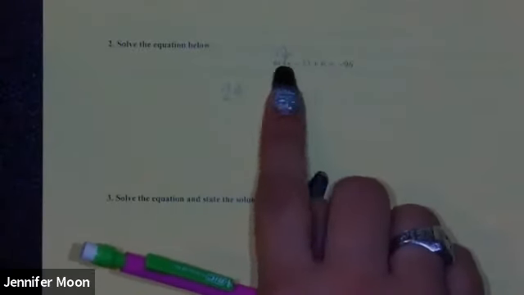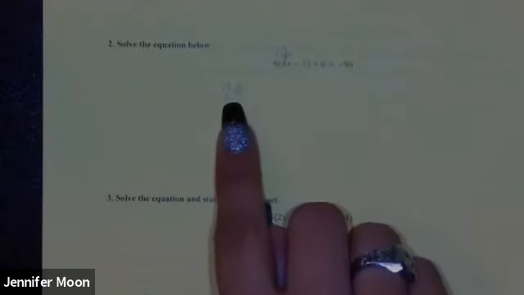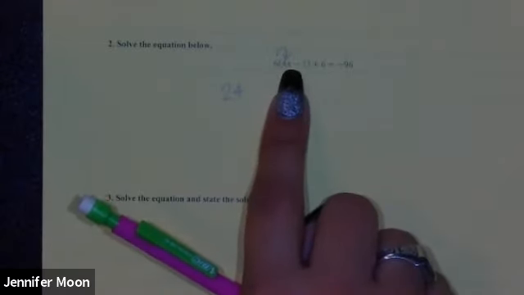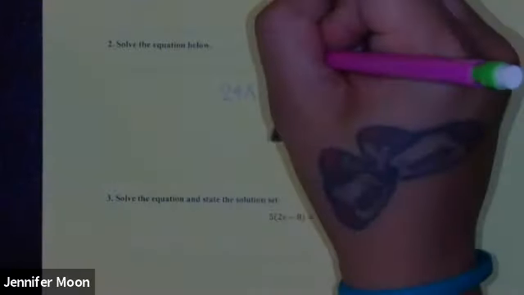6 times 4x. 6 times 4 is 24. Those are both positive, signs are the same, so my 24 is positive. I need to notice here though that the 4 had an x attached to it, so when I do this multiplication, don't forget your variable, okay? And then what do I do with the 6 and the negative 1? Multiply it, okay?